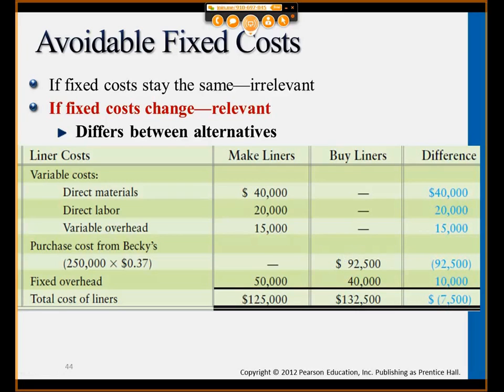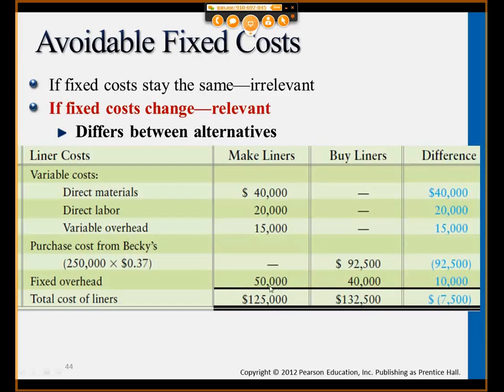What else? Can we avoid some fixed cost here? We're buying liners. It's at 40,000 here, so it's 10,000. Would you go with buying liners or making liners here?